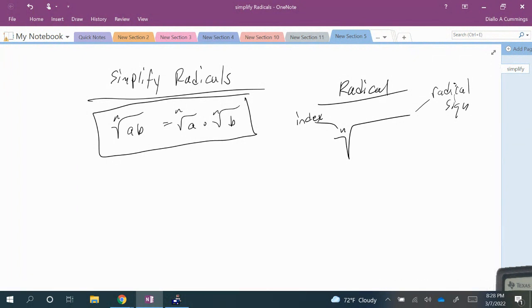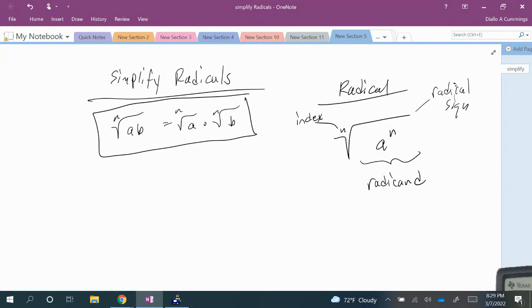If you don't see an index, it's a square root, but we do have 4th, 5th, 6th, 7th roots, and so on. So n is the index. Whatever is underneath the radical sign is the radicand. That's the basic setup for a radical.